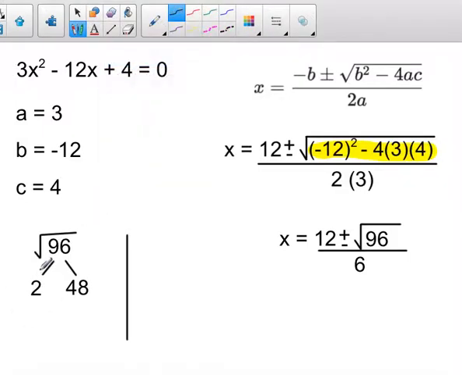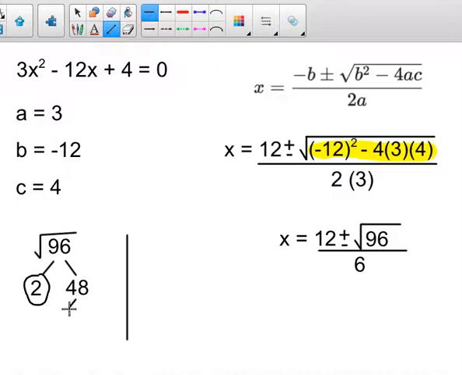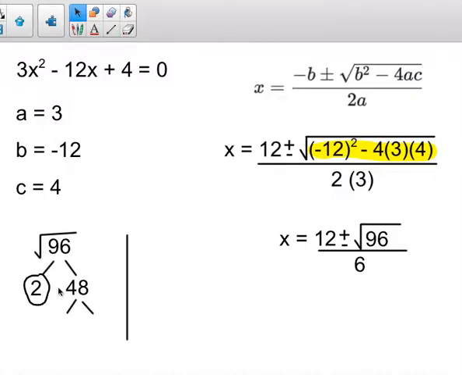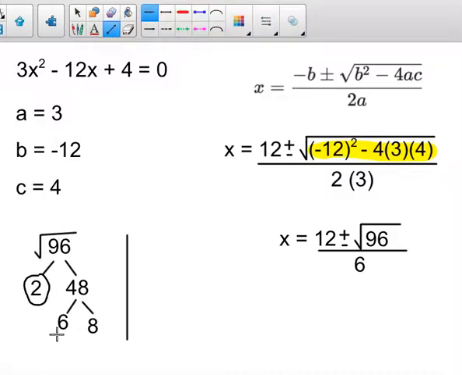I'm going to circle it to indicate that that branch of my factor tree is finished, and then I'm going to keep going with 48. I can break 48 down into 6 times 8. 6 times 8 is 48. 6 breaks down into 2 times 3.